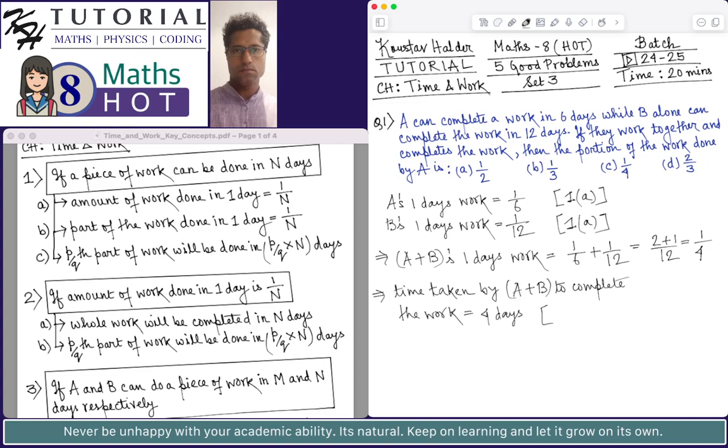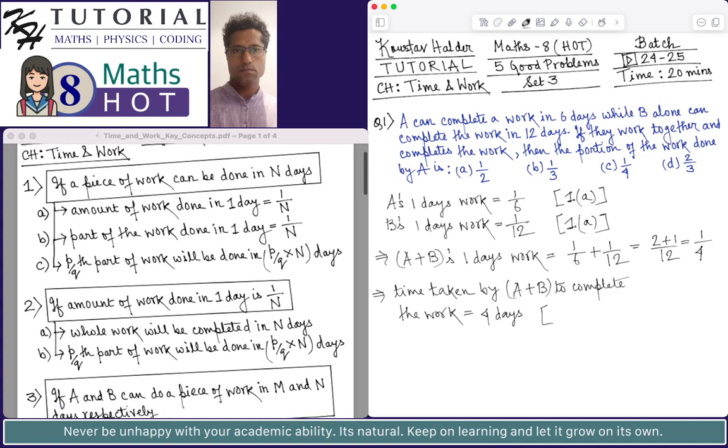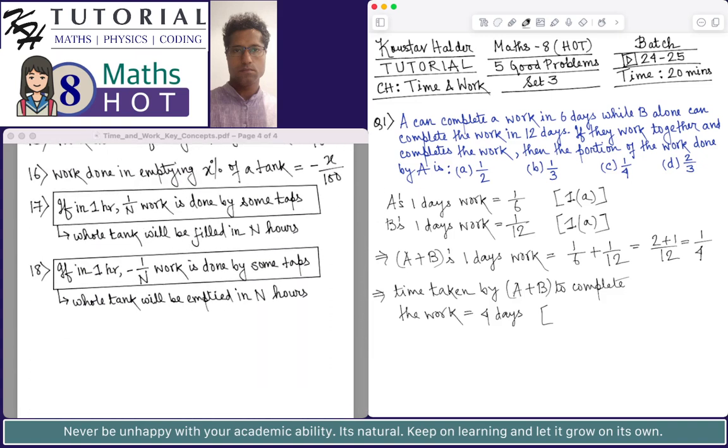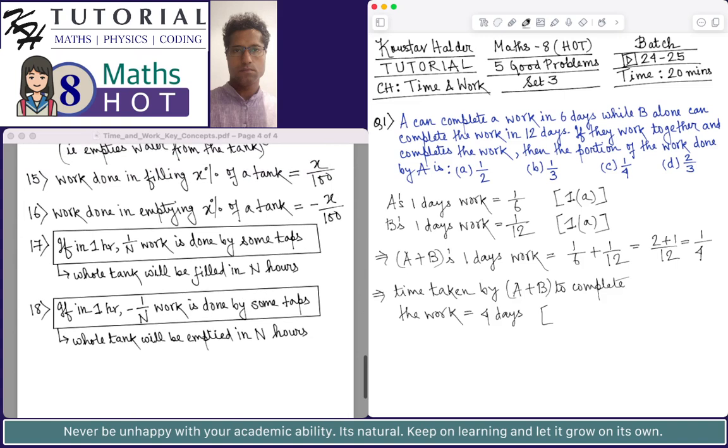The concept applied here was, I think I wrote this concept. Yes, concept number 17 and 18. These are in terms of hours, but it will also work for days.